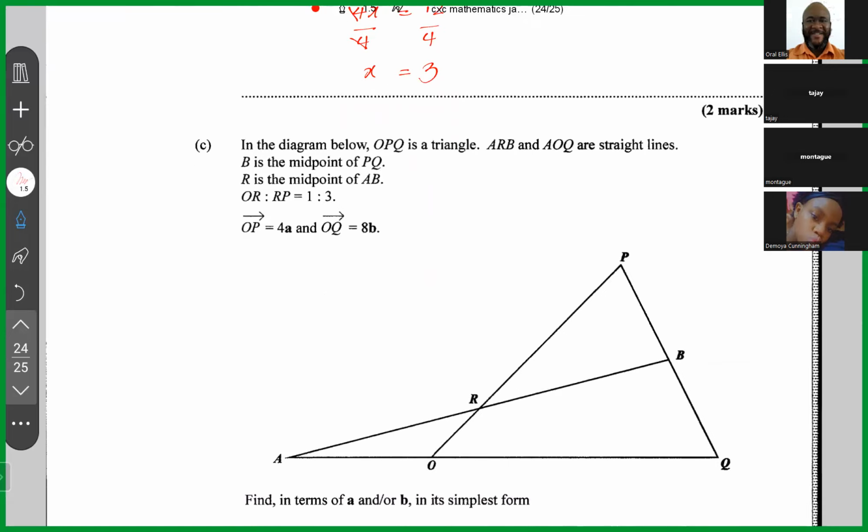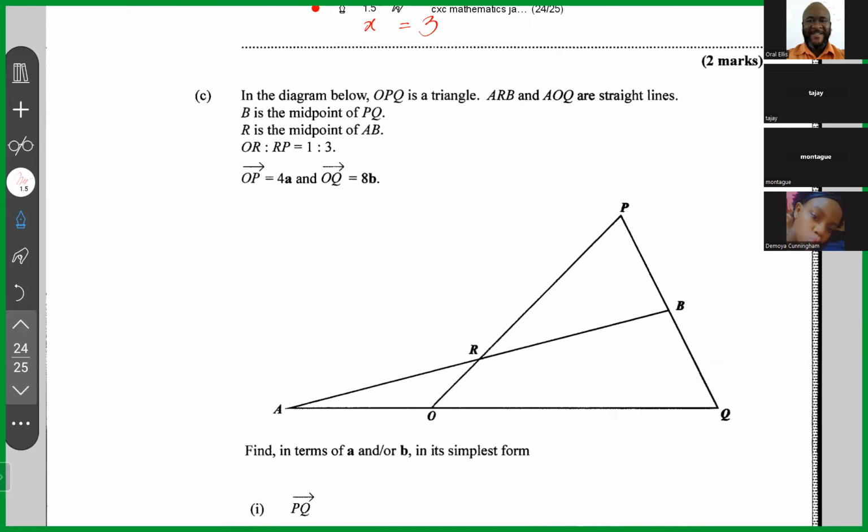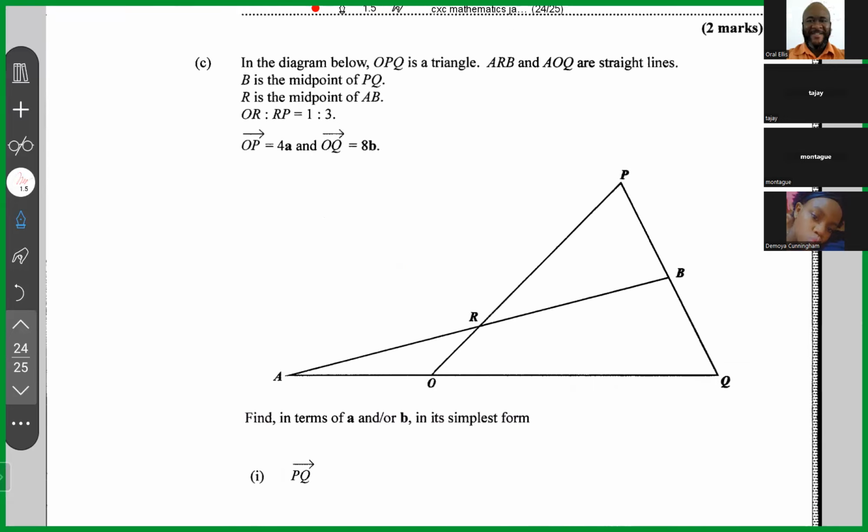Vectors, which is the very last question in the exam, question C. It says in the diagram below, OPQ is a triangle, ARB and AOQ are straight lines. B is the midpoint of PQ, so it's the middle.